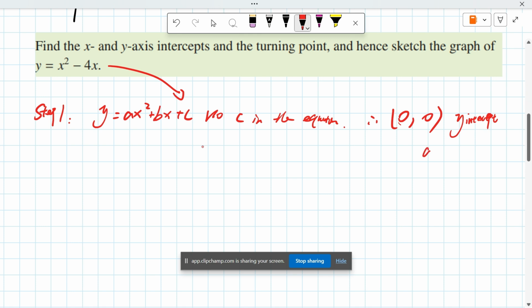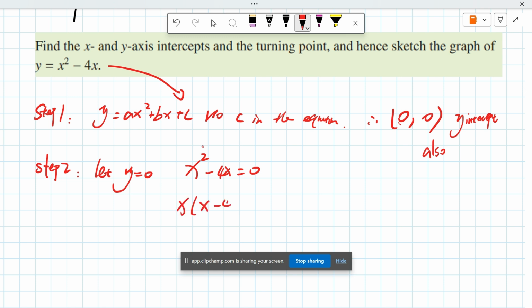And also, let y equal 0, so x squared minus 4x equals 0. So x times (x minus 4) equals 0. So x equals 0 or x minus 4 equals 0, so x1 equals 0 and x2 equals 4.